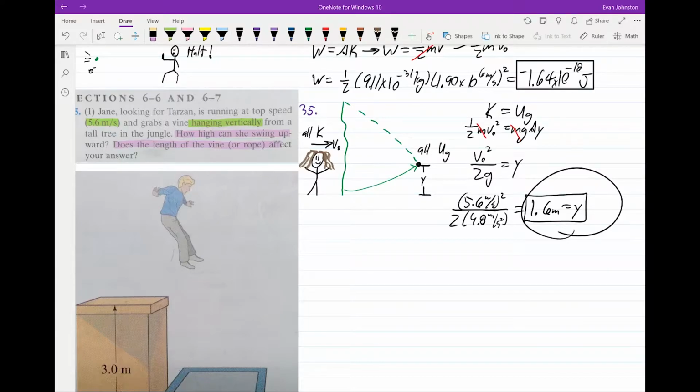So that's totally irrelevant. The length does not matter. She goes up 1.6 meters no matter what.